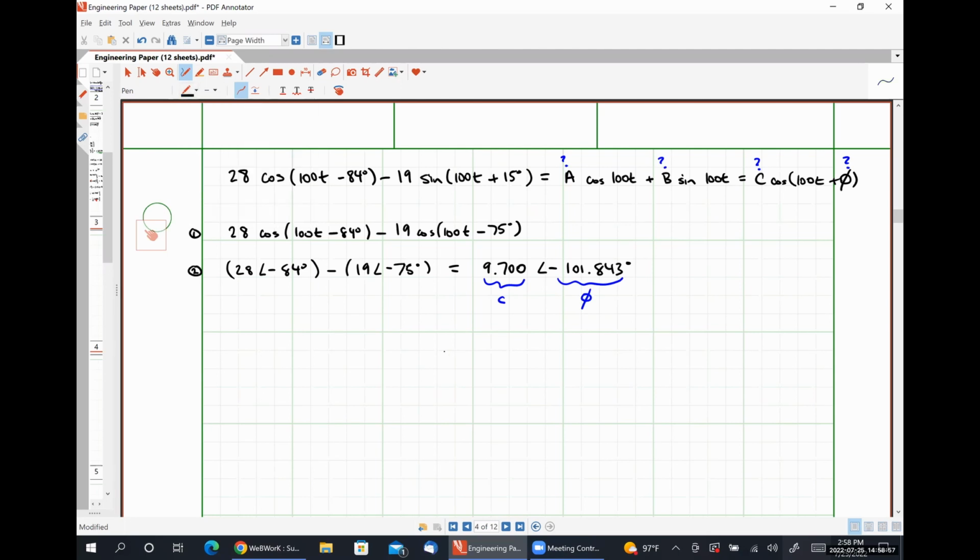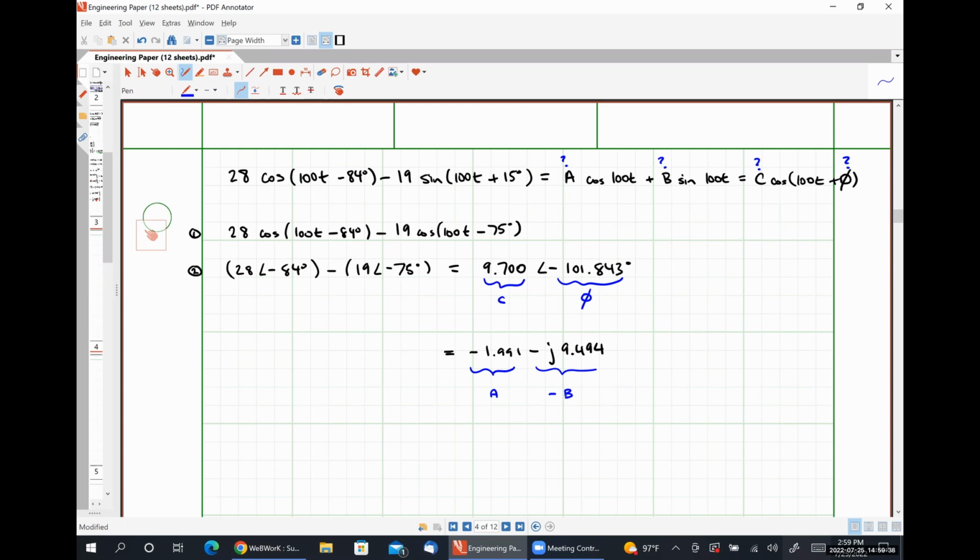And if I convert my complex number to rectangular form, I get negative 1.991 minus j 9.494, where this bit is A and this bit is negative B. Just to prove it, I'm going to type those answers into Weber.